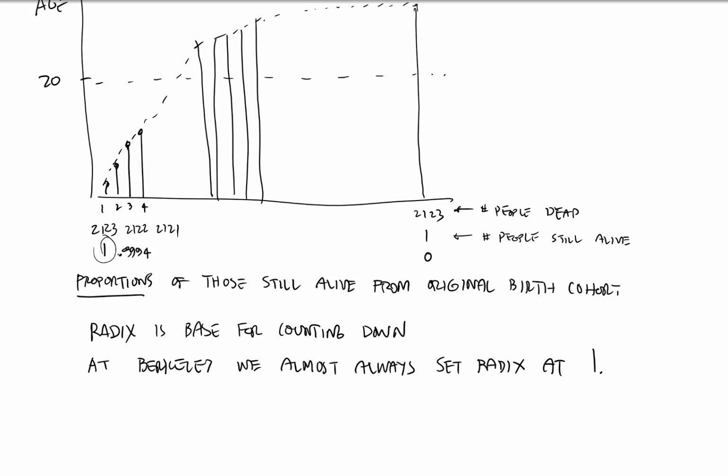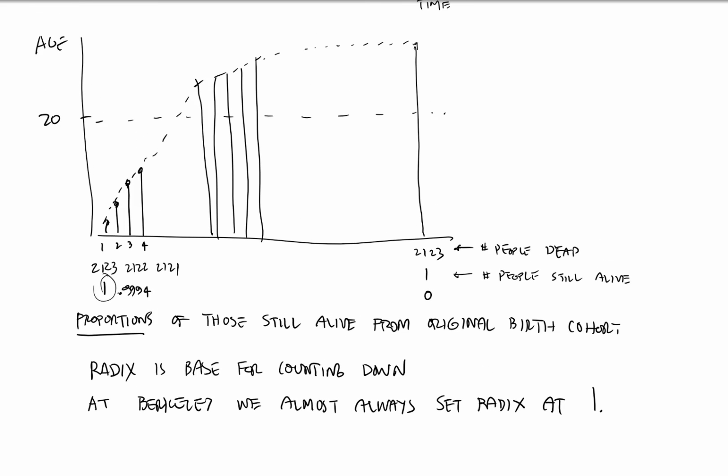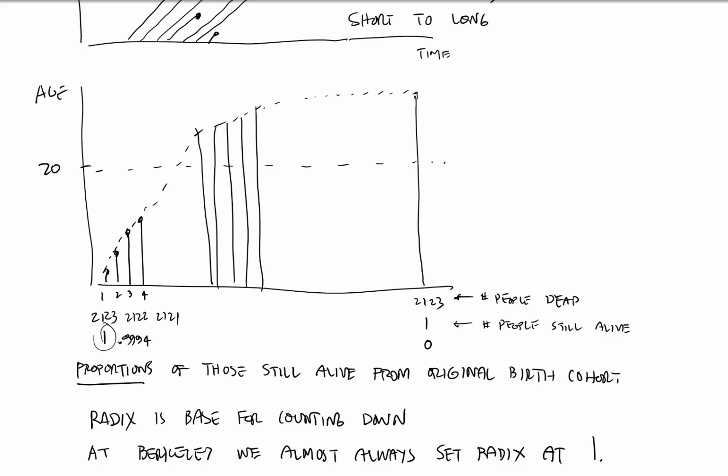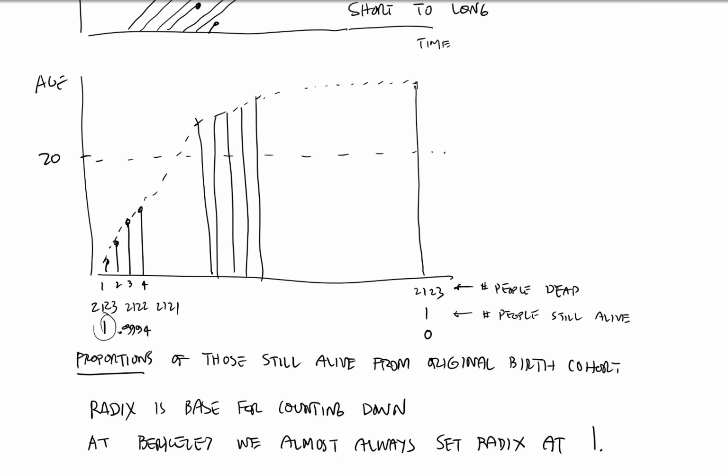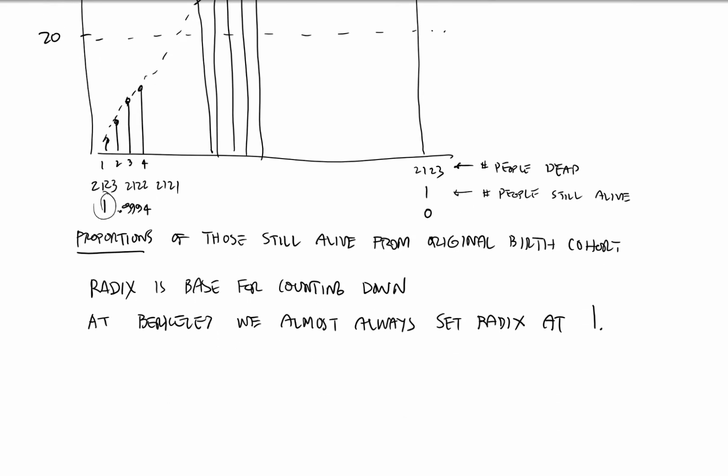Notice that just as we saw before, if we added up the lengths of all of these lines and divided by the number of people, divided by the radix, then that gives us the average length of life, which is the expectation of life at birth, E0. So adding up each of those lines and dividing by the radix is going to give us the E0.